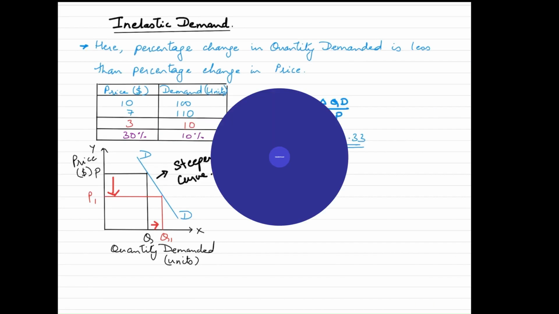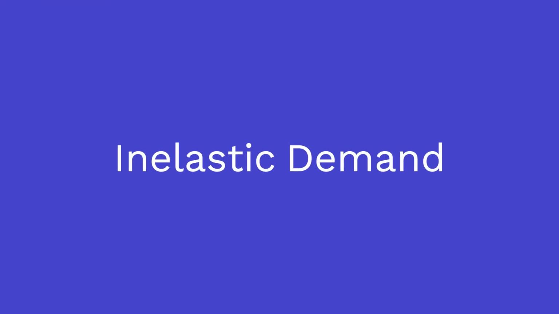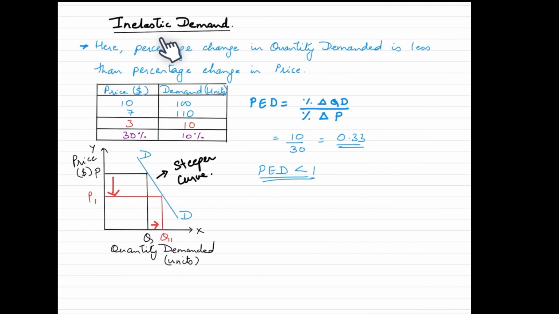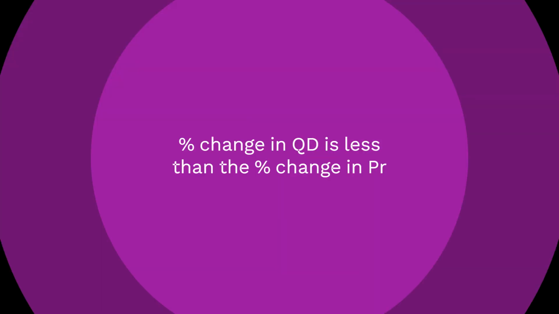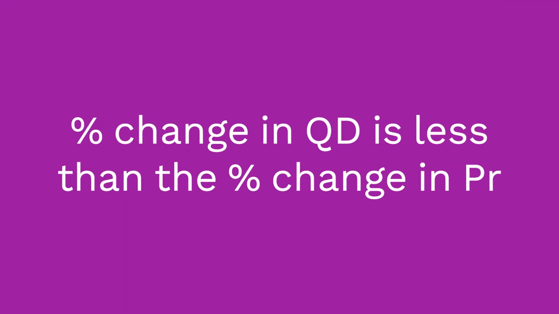This category here is inelastic demand. Just like elastic demand, in many curriculums this is also referred to as highly inelastic demand or relatively inelastic demand. In this scenario, percentage change in quantity demanded is less than the percentage change in price.